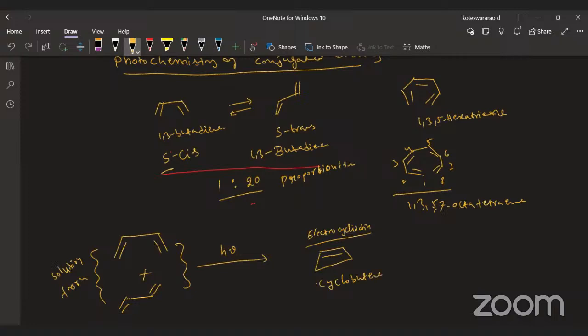And the second compound is bicyclobutane. The bicyclobutane is like this. Along with that is a mixture of cyclobutane derivatives.